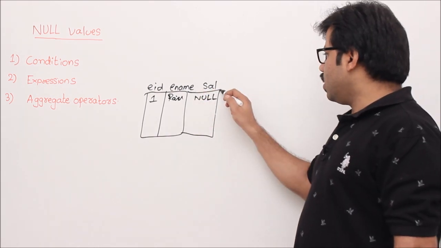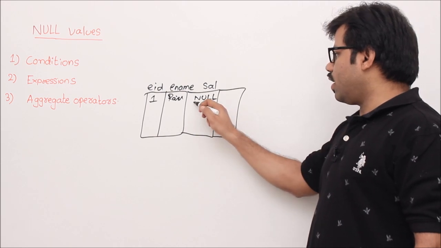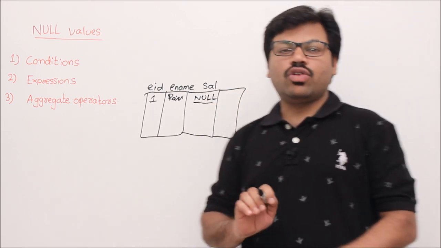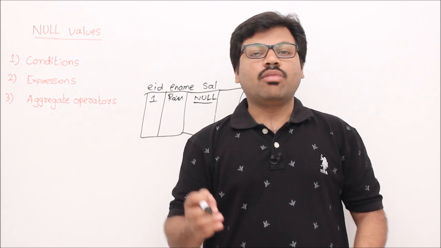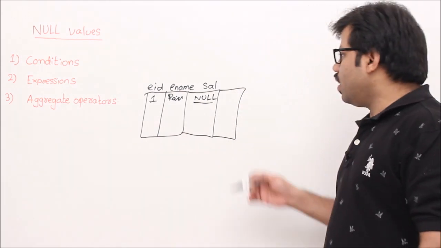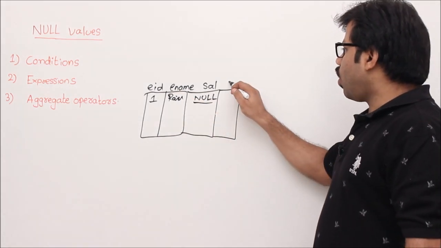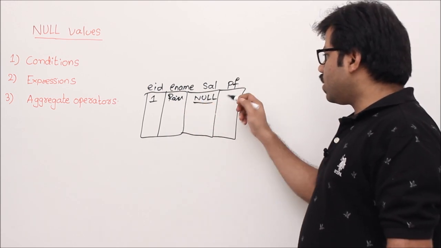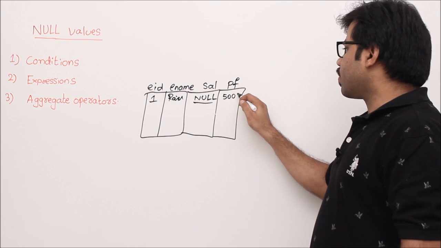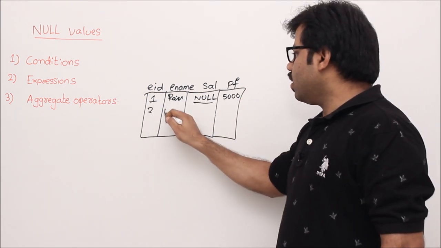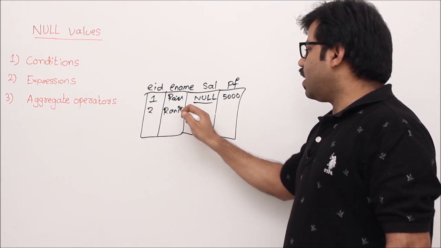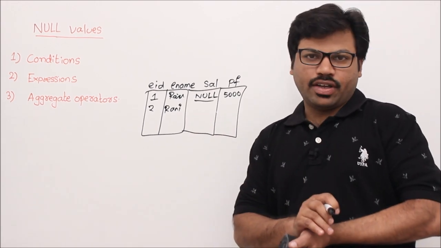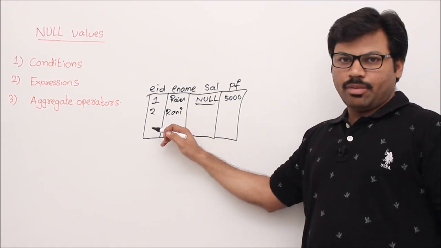Sometimes there are some fields where this is one reason we use null value: we don't know the value at this moment. Sometimes it is not applicable. For example, let's say we are giving provident fund. The provident fund value for Raju is, let's say, 5,000 rupees. There is another employee, Rani. She is, let's say, a contract based employee, which means she is not a full-time employee.